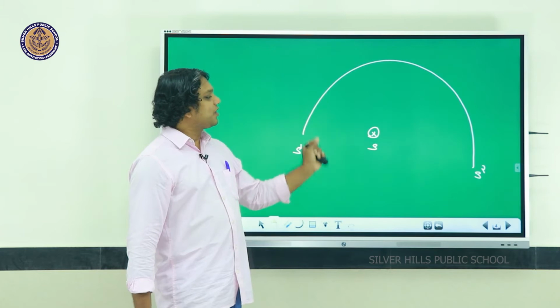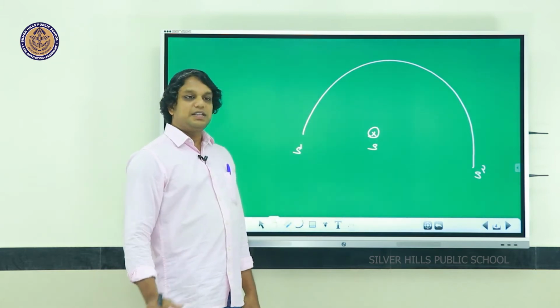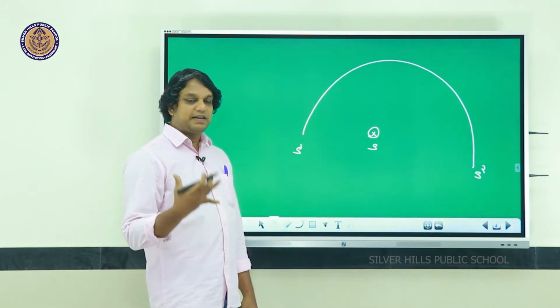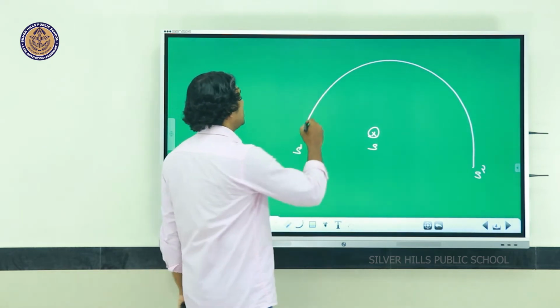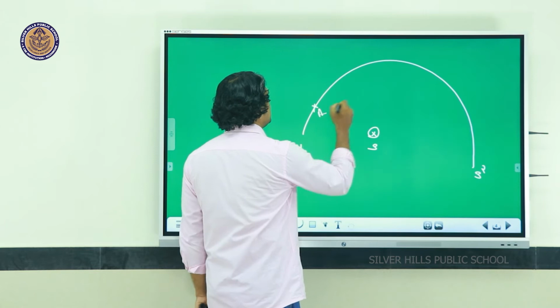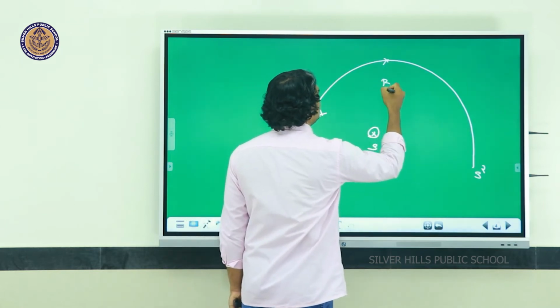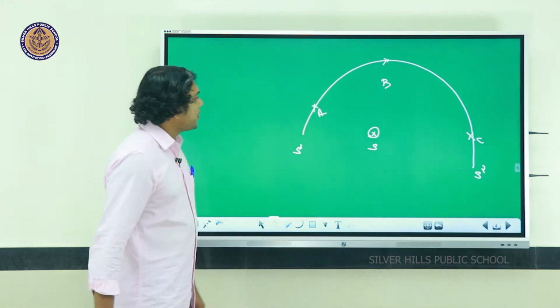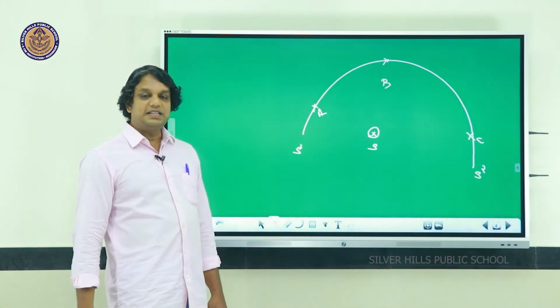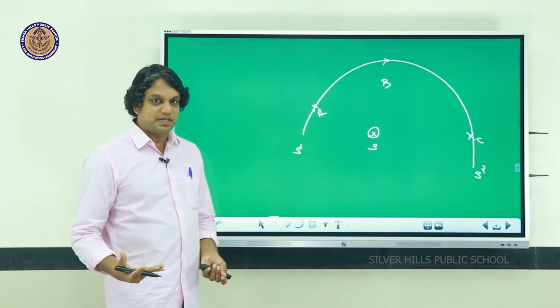I just located some points which are in the same state of vibration, meaning they have the same amplitude, same frequency like that. So, suppose there are some points A, B, C like that. Again, these points will act as fresh sources of disturbances.